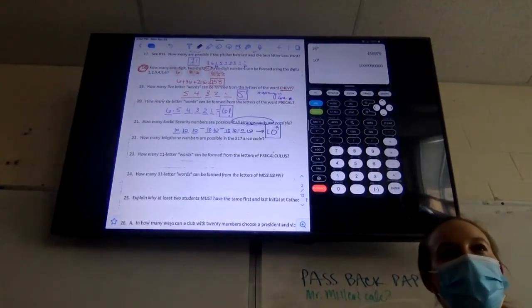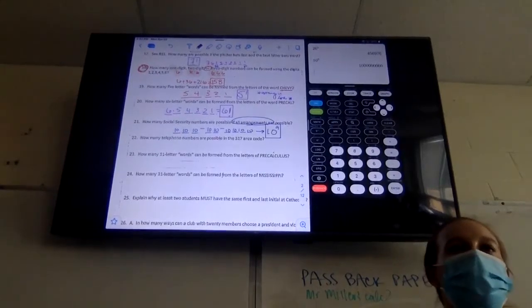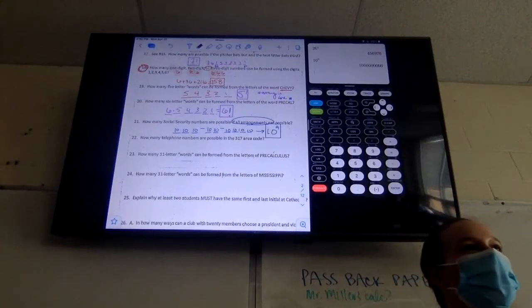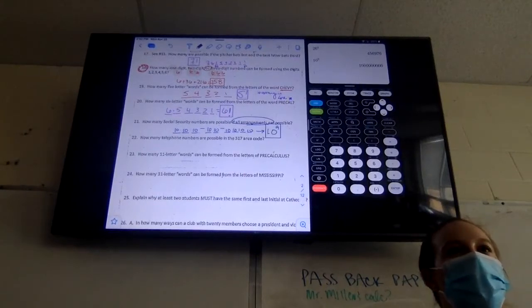There's got to be less than 9 zeros. I don't know. Do you think when people die, we reuse their social security numbers? I would guess so, right? This is such a dumb question, but are there more than 1 billion people in the US? How many people are in the whole world? 7 billion?